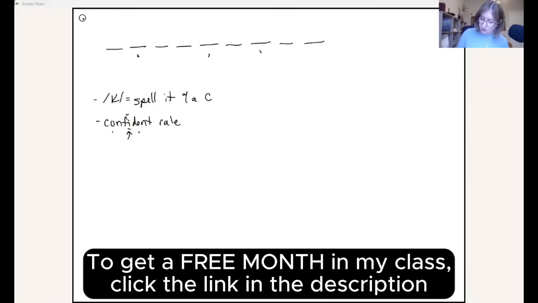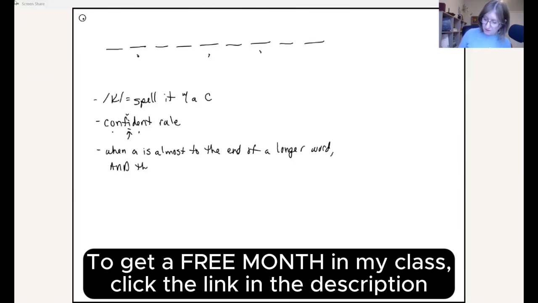And then you also need to know that when A is almost to the end of a longer, which means multi-syllable word, and the next letter, or two or three, is a consonant, which would be the very final letters, because we're almost to the end of the word, then it can make the schwa sound.